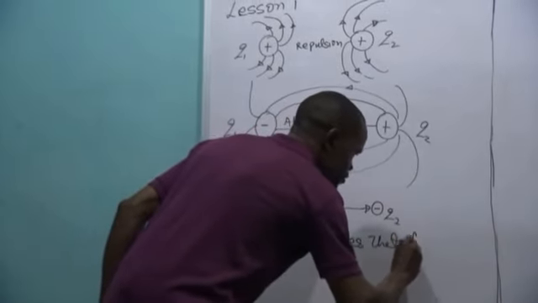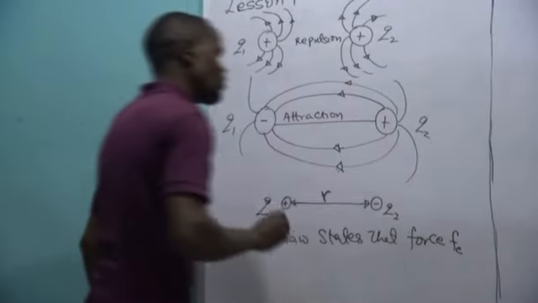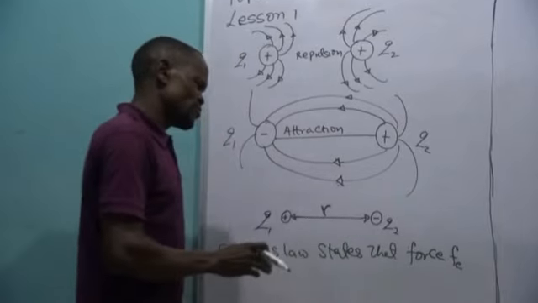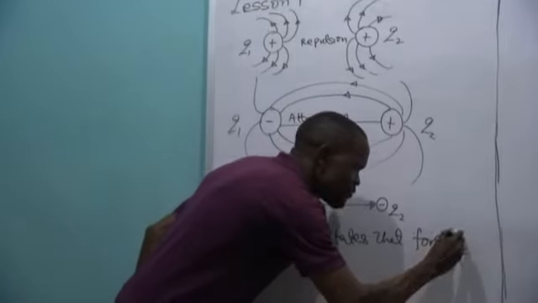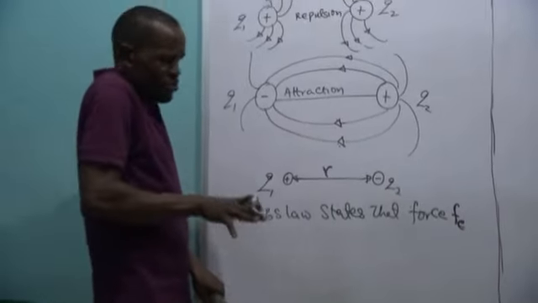the force, Fe, is the electrostatic force, because this is a static charge; it's not moving.